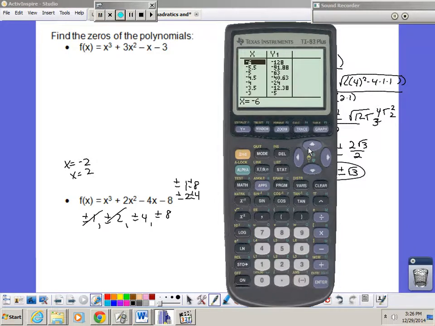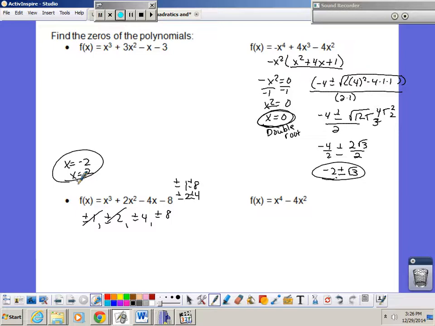Positive 4, negative 4, positive 8, negative 8. The negative 4 and negative 8 doesn't work. Positive 4, positive 8 doesn't work. So there are 2. One's probably a double. Has to be a double.